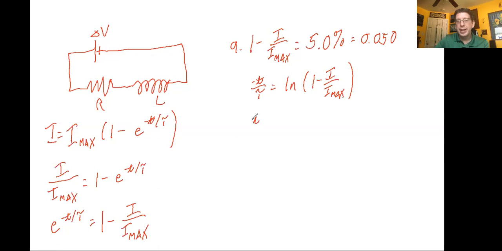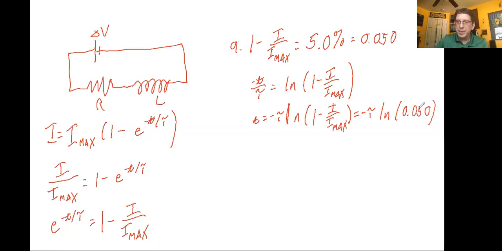So t is equal to negative tau times the natural log of 1 minus I over I max, which is equal to negative tau times the natural log of 0.050.